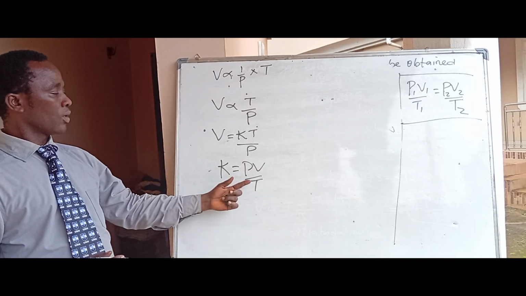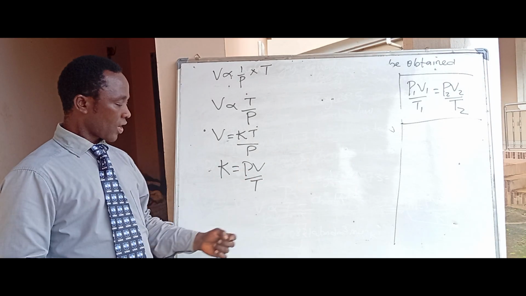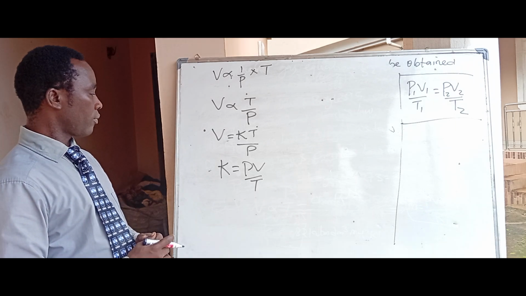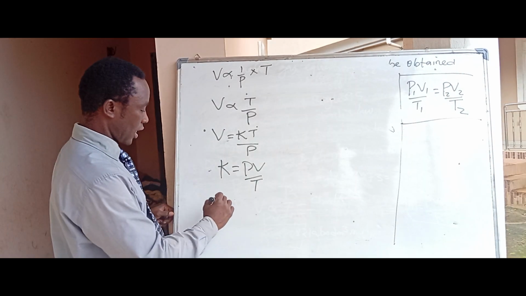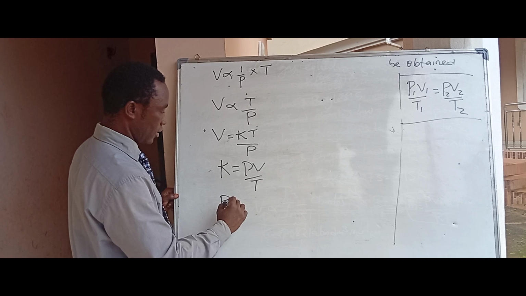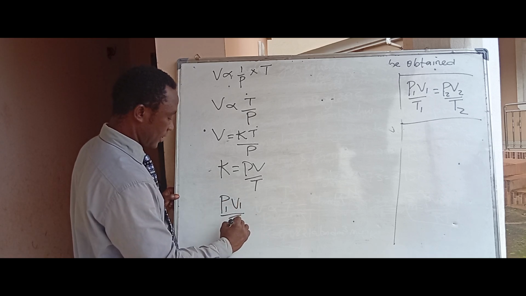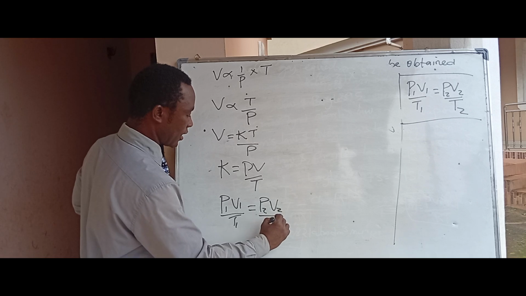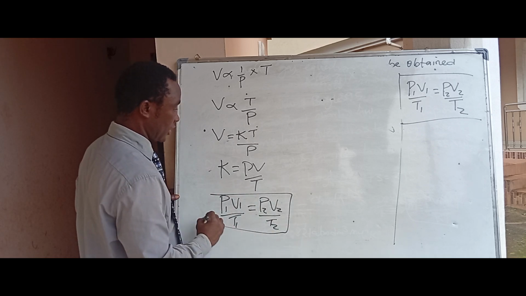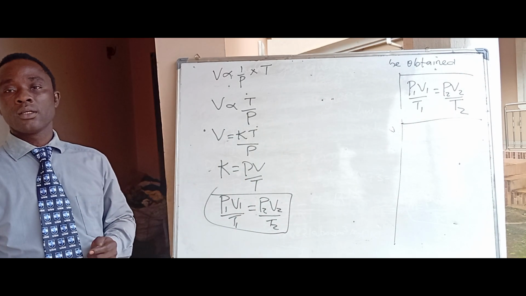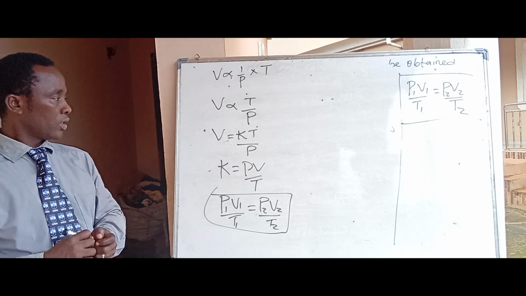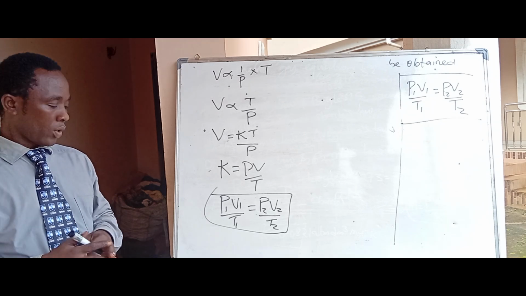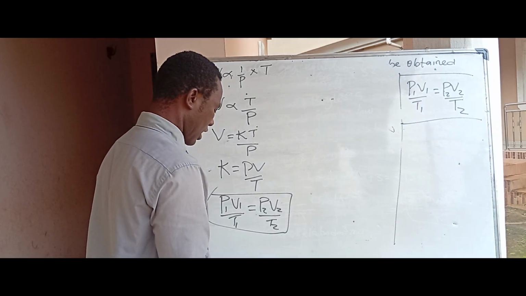Now, if K is equal to PV over T, under different conditions of pressure, volume, and temperature, we can now see that P1 V1 over T1 will be exactly equal to P2 V2 over T2. So this is exactly the general gas equation. It is obtained by combining Boyle's law and Charles' law.